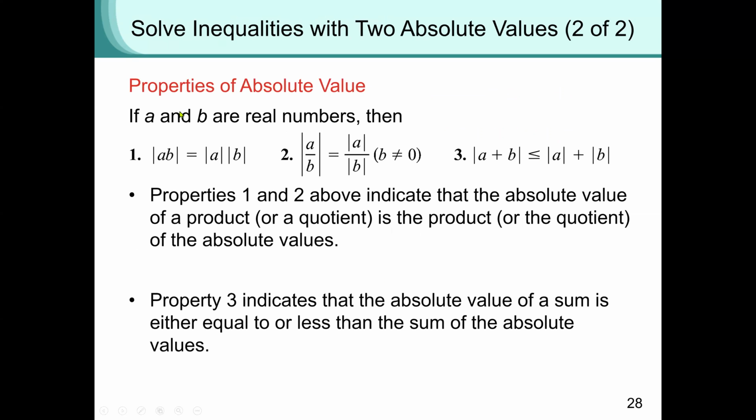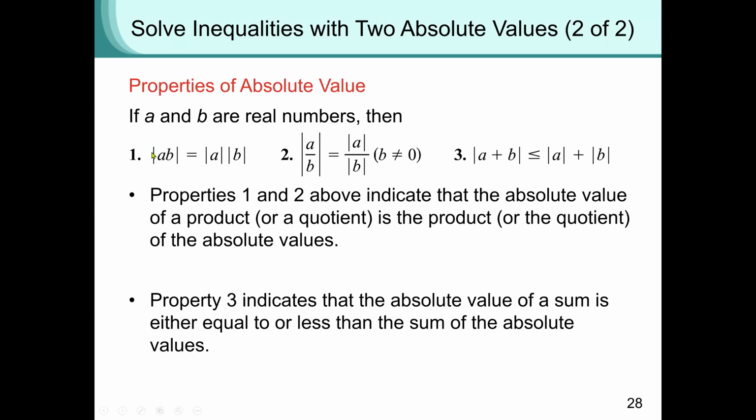So for us to understand this concept, we also need to understand the properties of absolute value. As we apply the first property of absolute value, we said that the absolute value of A is equal to the square root of A squared. That's one of the properties. Now, if I have A and B and they are real numbers, we can also say the absolute value of AB is the same as separating it.